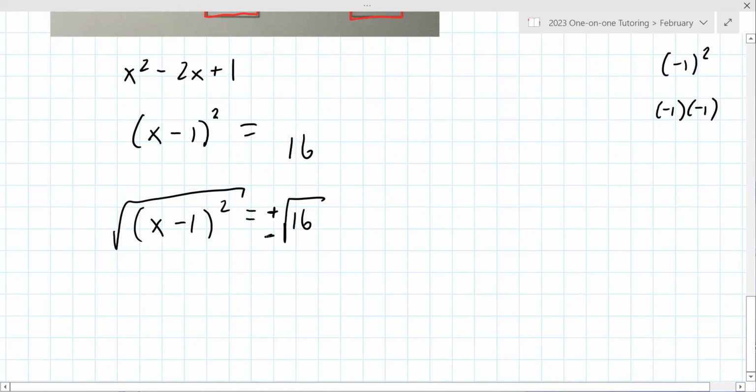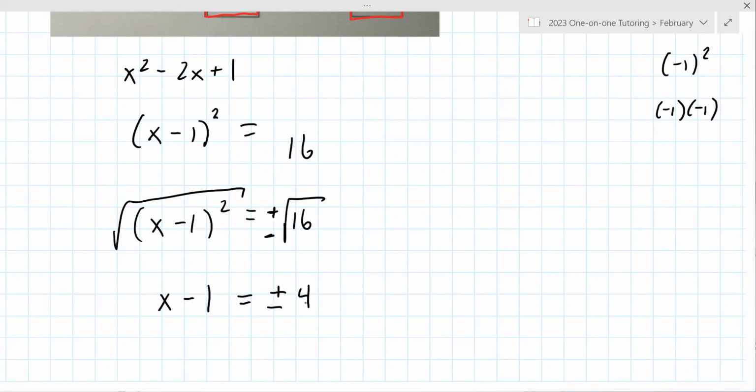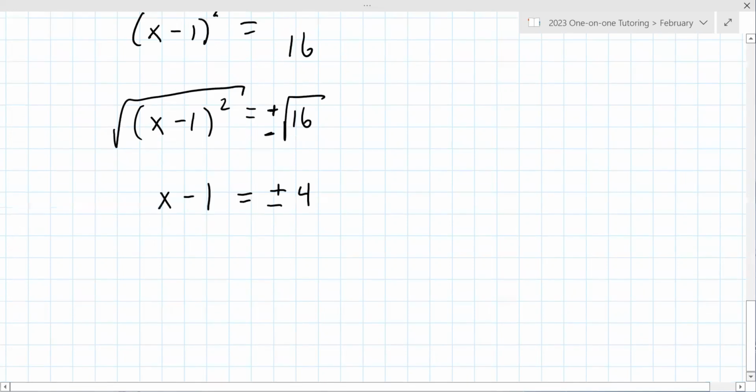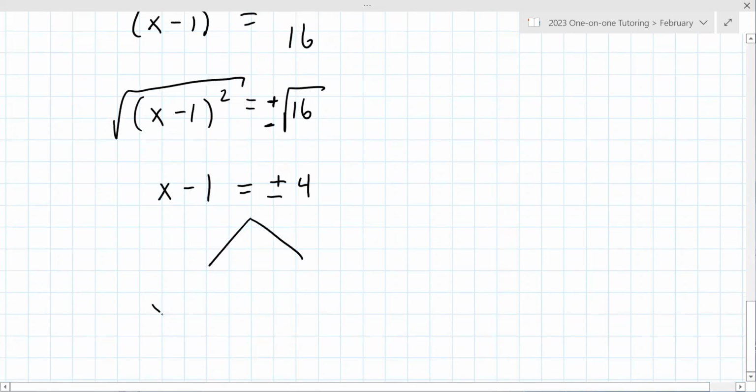On the left, it undoes the square. On the right, it's plus or minus 4. And this is the whole case 1, case 2. x minus 1 equals 4. x minus 1 equals -4.